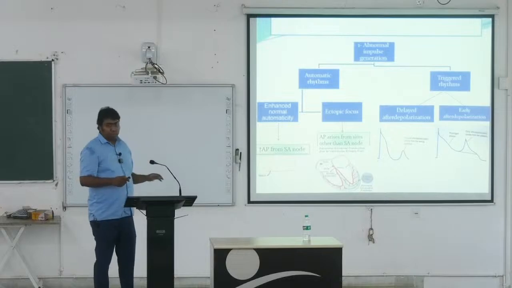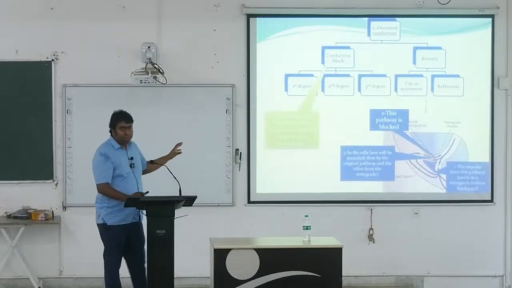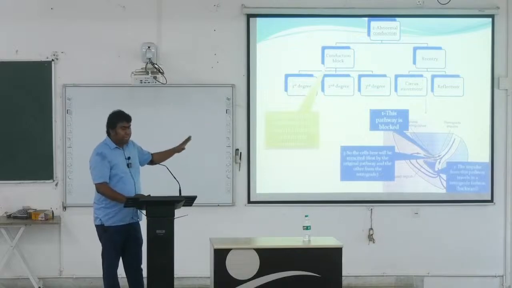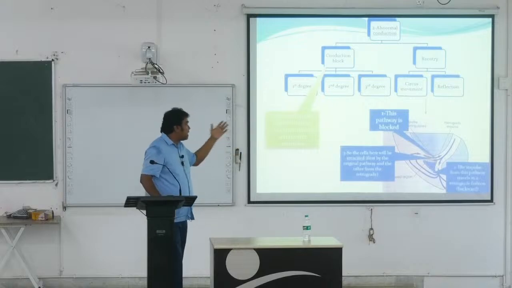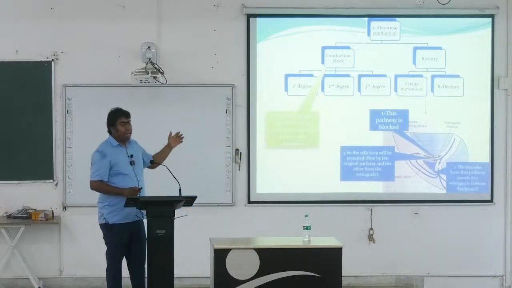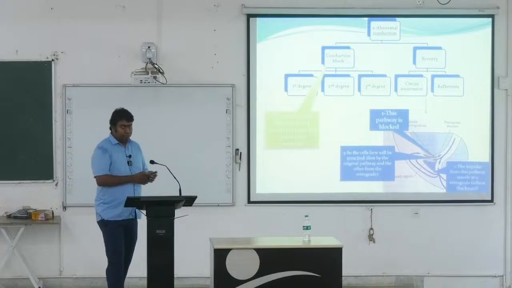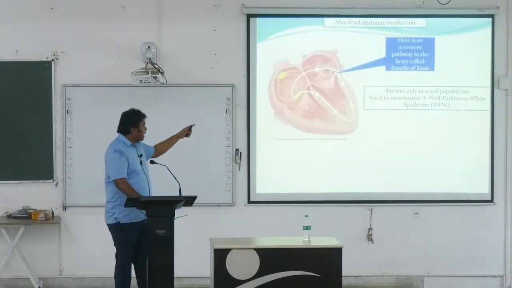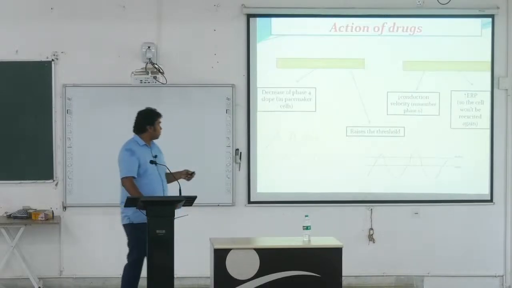Whereas in abnormal conduction, there are two types. One is block, first, second, third degree block, and another is re-entry phenomena, which is reflection and circus type of movement. The re-entry example is WPW syndrome. An accessory pathway can lead to re-excitation and cause WPW syndrome.